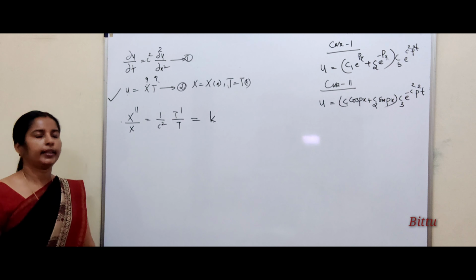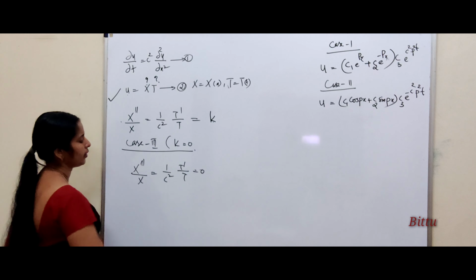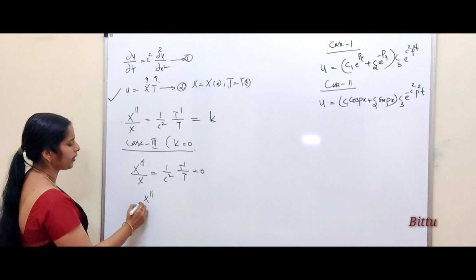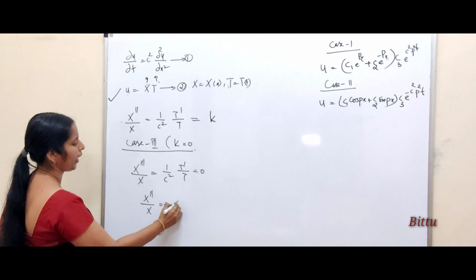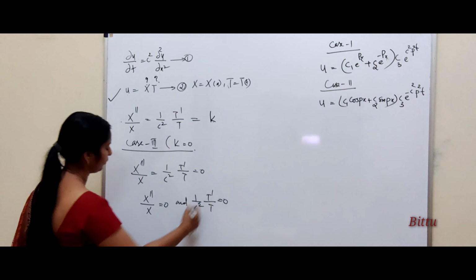Again, we have one more case. Case 3, k equal to 0. When k equal to 0, we have X double dash by X equal to 1 by c square, T dash by T equal to 0. From this you can write X double dash by X equal to 0 and 1 by c square T dash by T equal to 0.